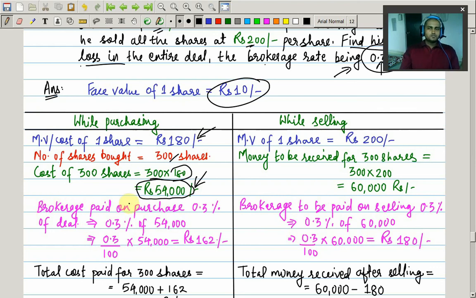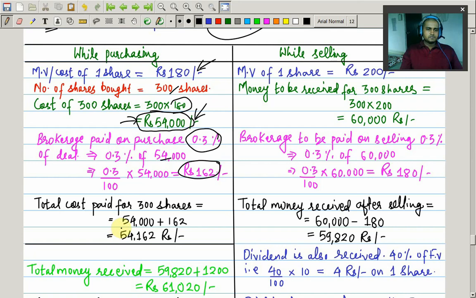So brokerage paid on purchase is 0.3% of the whole deal. 0.3% of 54,000 comes to 162 rupees. So I have to pay this much extra from my pocket. So 54,000 plus 162 is the money paid by me to buy 300 shares.